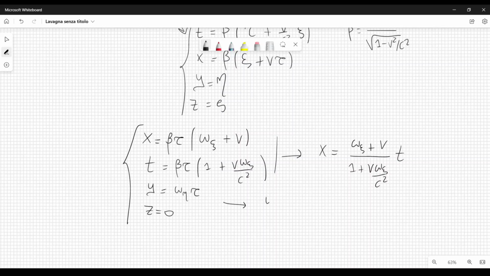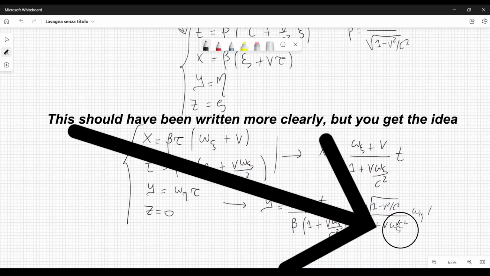And also we get y equal to omega eta t divided by beta times 1 plus v omega xi over c squared, which is equal to the square root of 1 minus v squared over c squared divided by 1 plus v omega xi over c squared, times omega eta t.